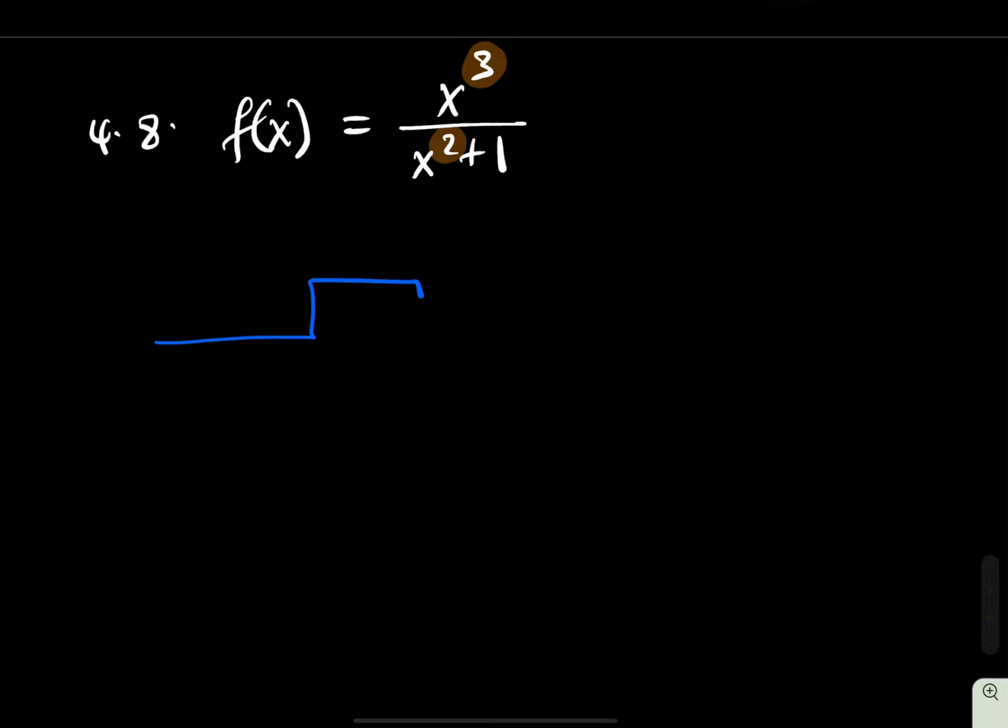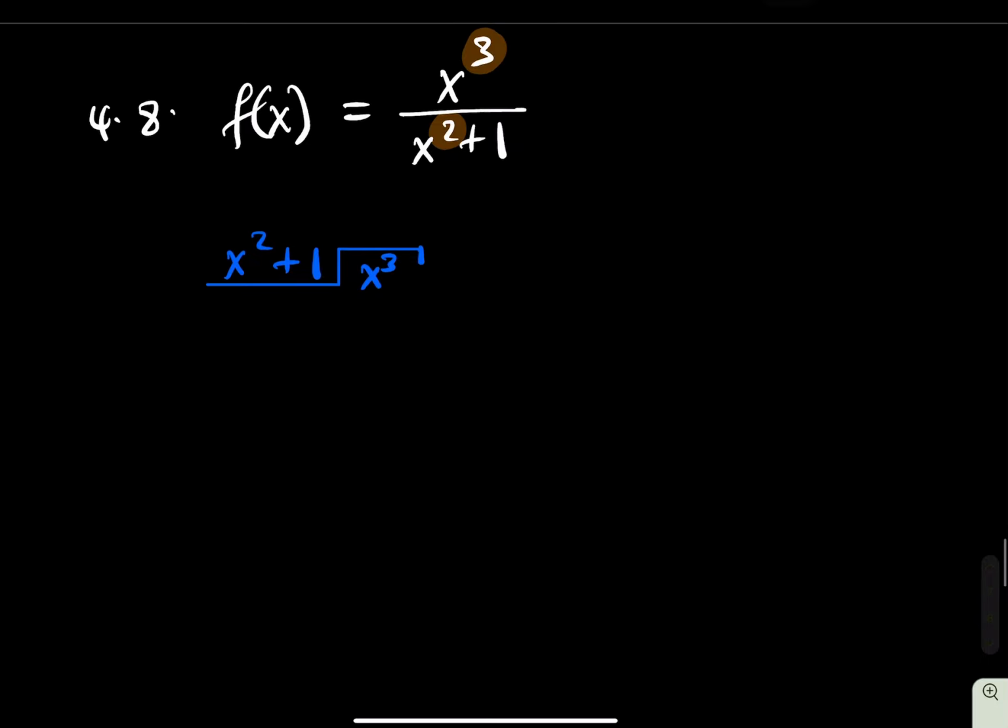So to do that, let me just do it nicely. I'm going to draw a straight line there. So that is x to the power 3, the numerator, and you get x squared plus 1 there. We are going to do long division, guys. How do you do that?